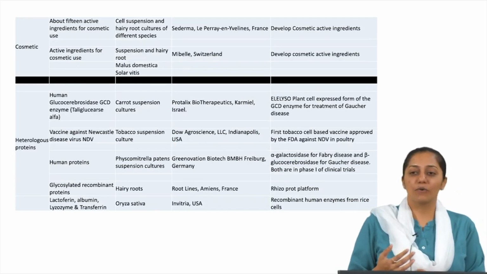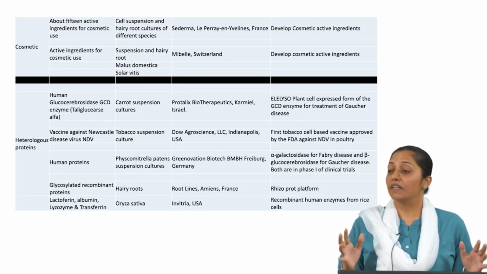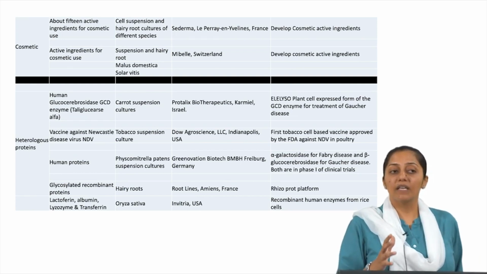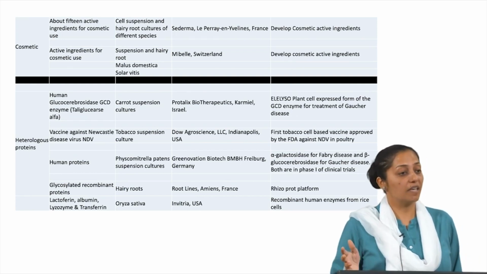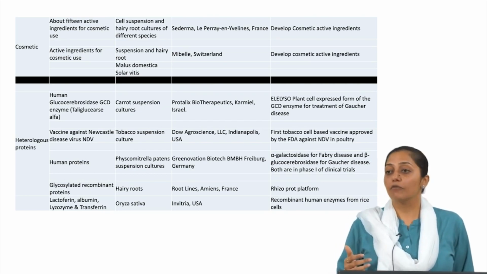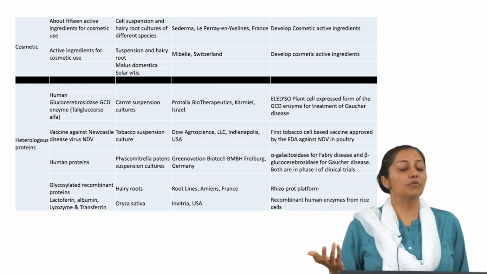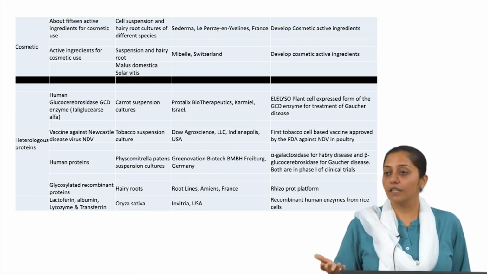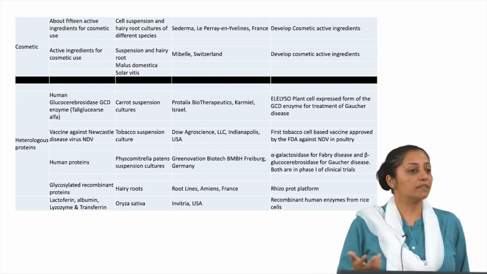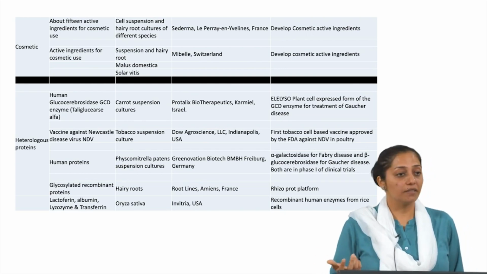Now heterologous proteins. Now the interesting part is, the plant cells are also replacing CHOs in some cases, where production platforms, now CHOs are increasingly used for production of recombinant proteins, human proteins, as vaccines or for animal vaccines, or even as antibodies.